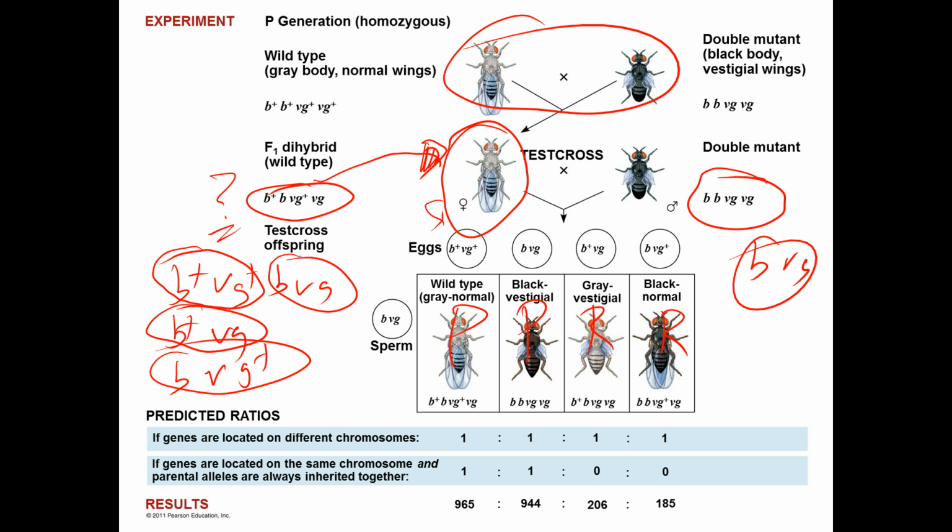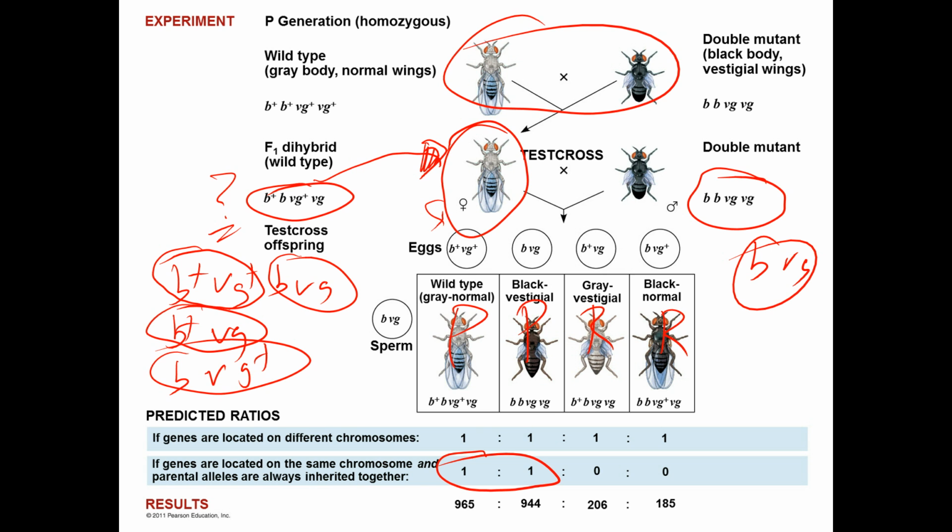But that is not so if the genes are located on the same chromosome and the parental alleles are always inherited together. That means that if the body color allele and the wing allele are inherited together, you would see a disproportionality. You would only see your parental phenotypes.